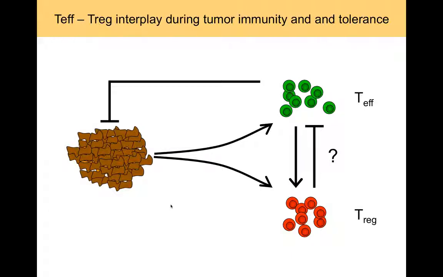But both the tumors as well as the effector cells also induce regulatory immune response components, including the activation of regulatory T cells. And these regulatory T cells have multiple mechanisms by which they can antagonize effector cells, which are, however, not very clear. And what we are trying to understand is how the information exchange between the regulatory T cells and the effector cells is facilitated.